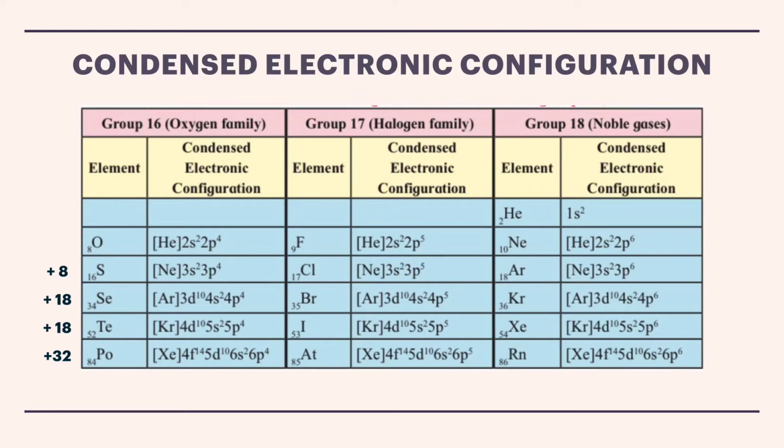To write the next element of group 16, that is sulfur, I'll just add plus 8 to 8. So 8 plus 8 is 16. So sulfur's atomic number is 16.